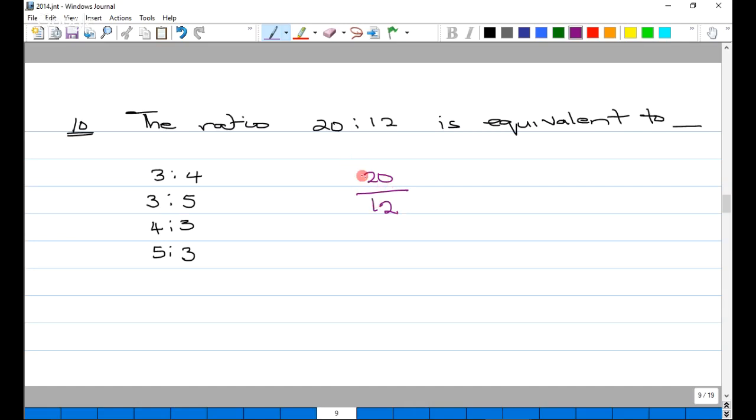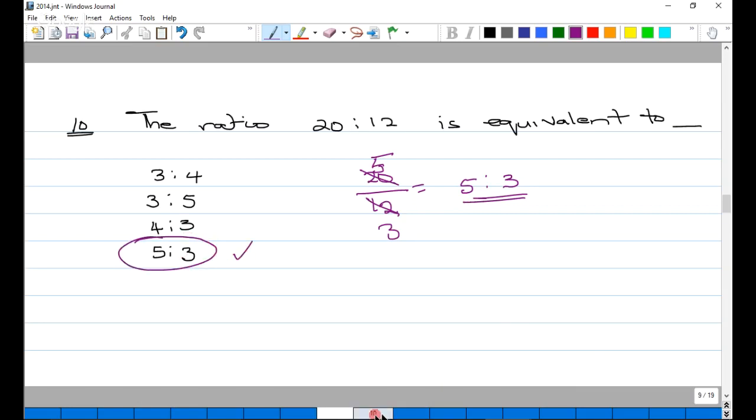We have 20 here and 12 here. We could use 4 as a factor. 4 into 20 would go 5 times, and 4 into 12 would go 3 times. Sir, it would be 5/3.